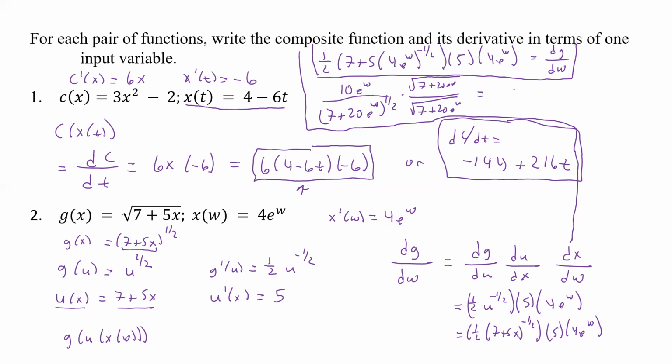And so then when I get done, what we have is 10e to the w square root of 7 plus 20e to the w over 7 plus 20e to the w. Okay, so that is where I would be at that point in time.